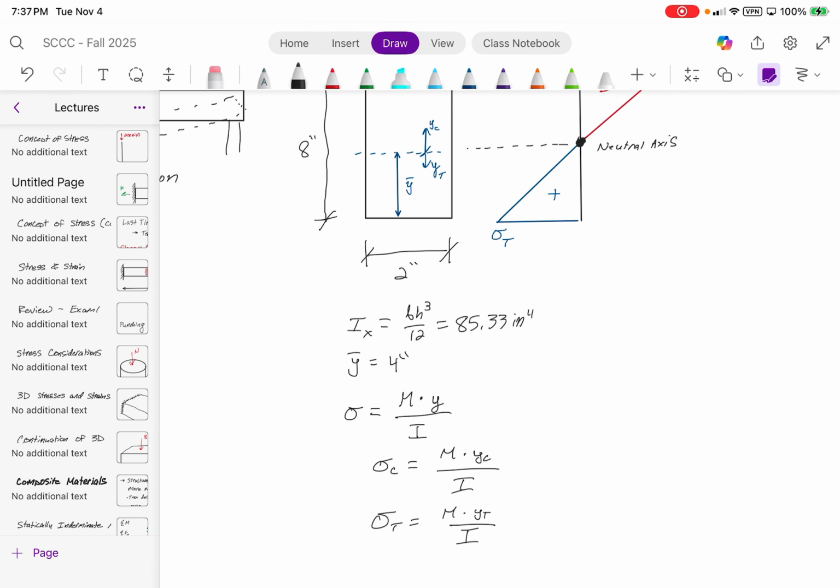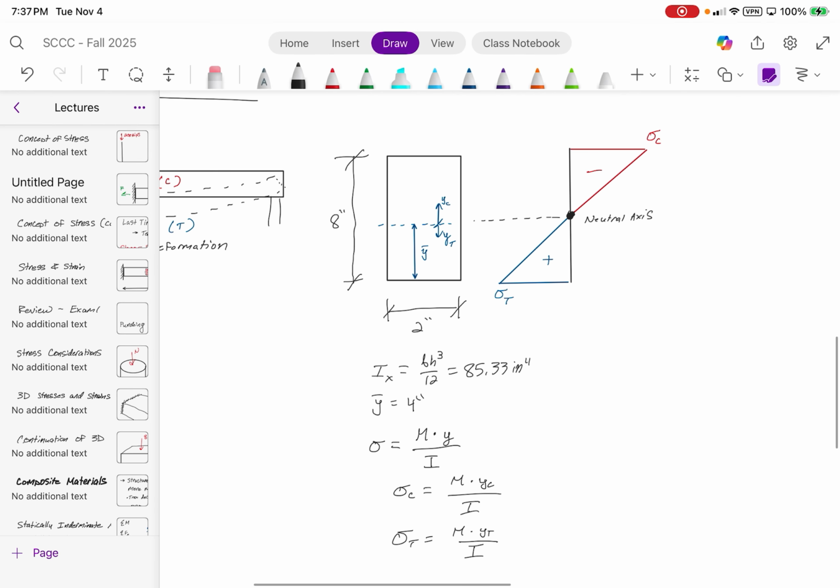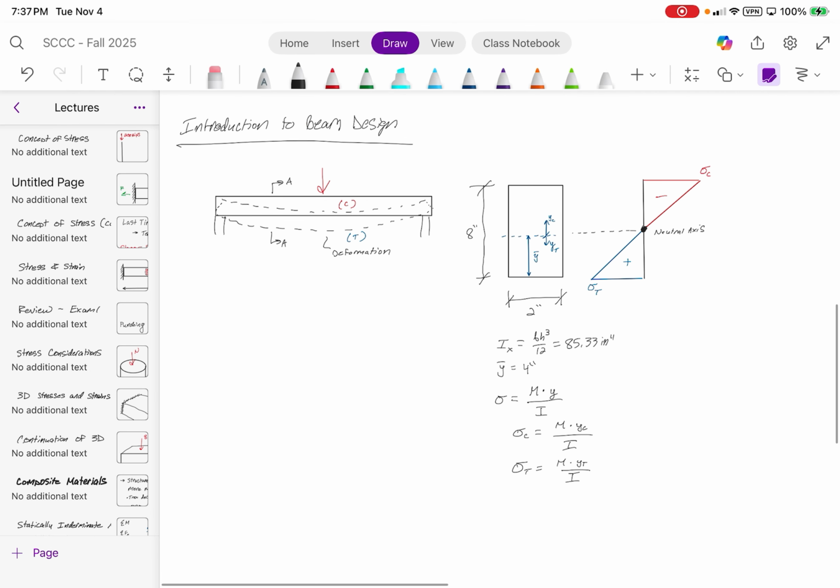Now, why do I say I instead of Ix or Iy? It's because I is just generally denoting the orientation in which bending is occurring. So for this problem, is bending occurring about the Ix orientation or Iy orientation? Ix.